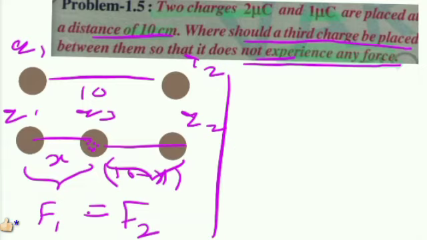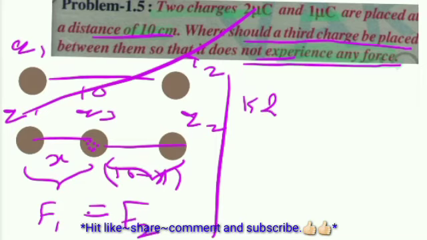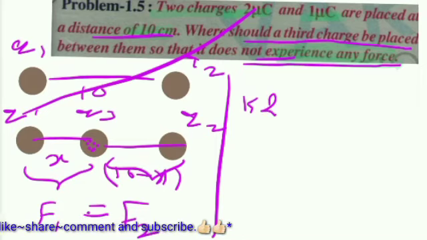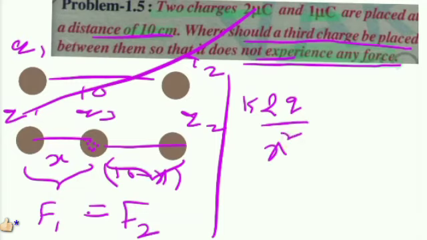Now F1 is equal to K into Q1, meaning 2 microfarad, into Q3. Q3 is taken as identical, because whatever it may be we don't know, so take Q, by distance x square.